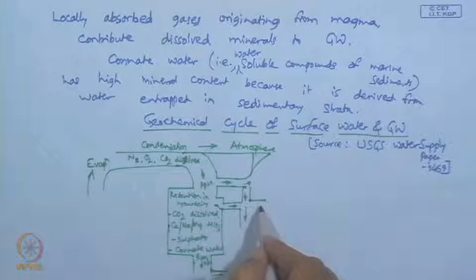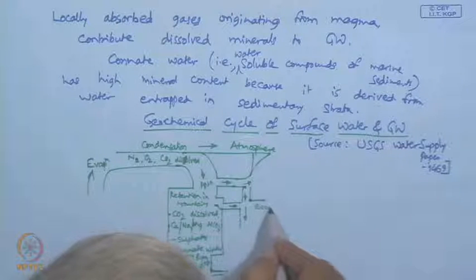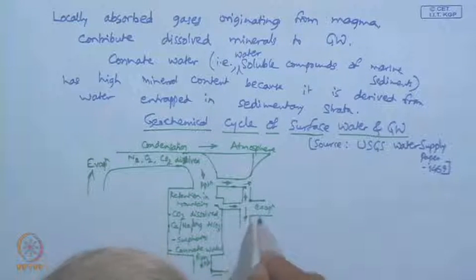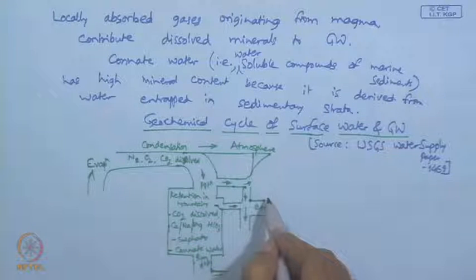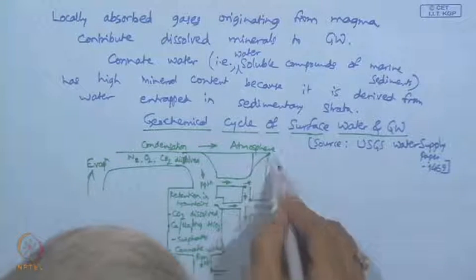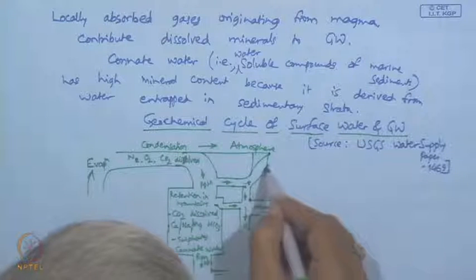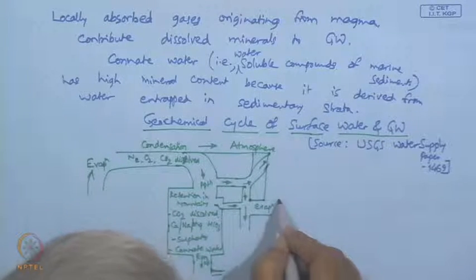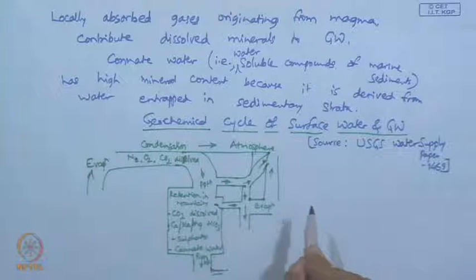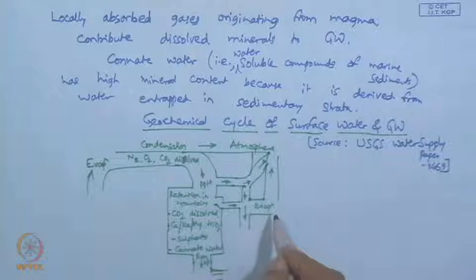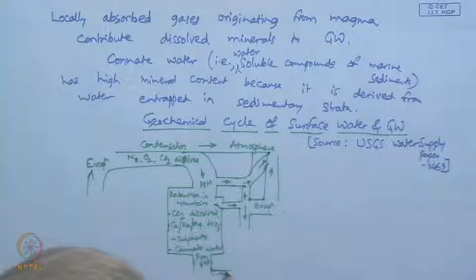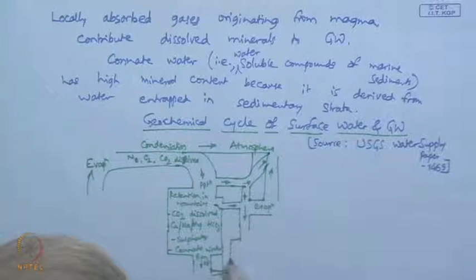Here this is evaporation, and after evaporation it goes into the atmosphere, and part of this runoff also goes into what is called the soil water.